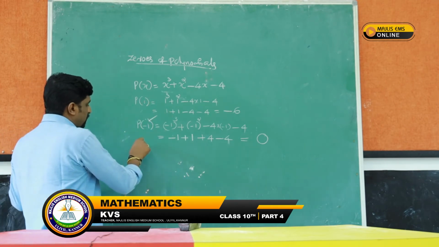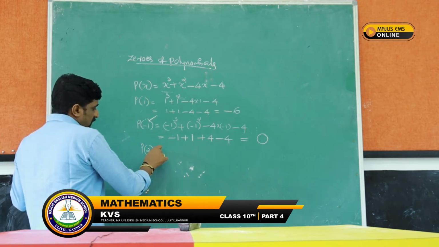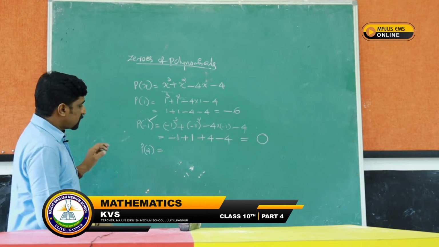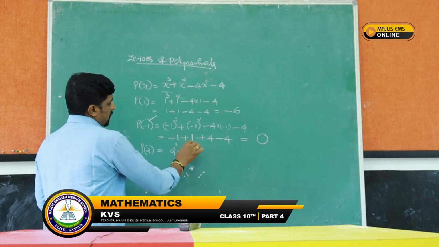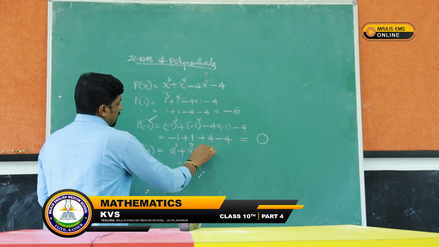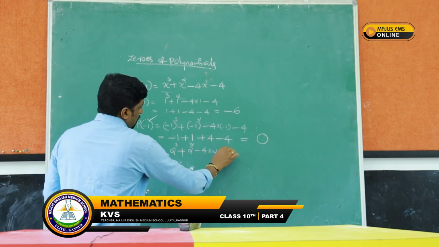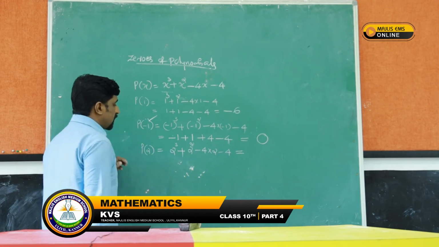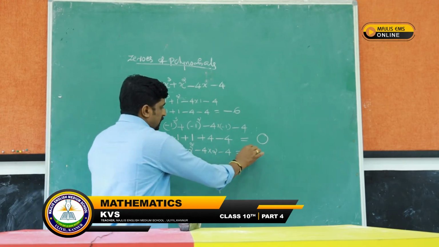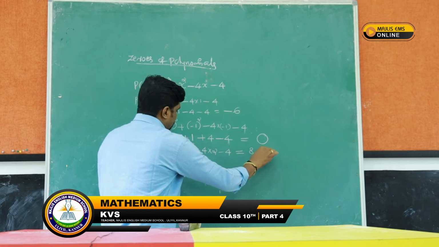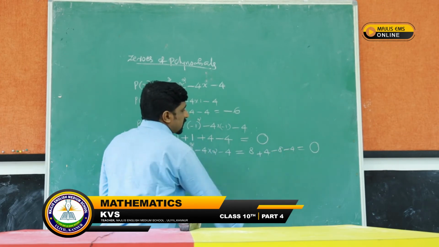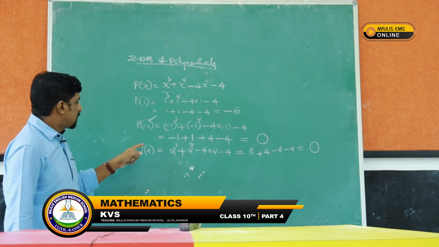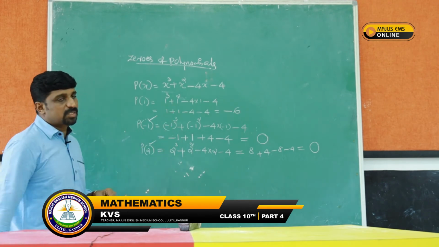So, we can find p of 2. P of 2 means 2 cube plus 2 square minus 4 into 2 minus 4. 2 cube is 8, so I can write here 8 plus 4 minus 8 minus 4. Again you got 0. That means 2 is a 0 of this polynomial.